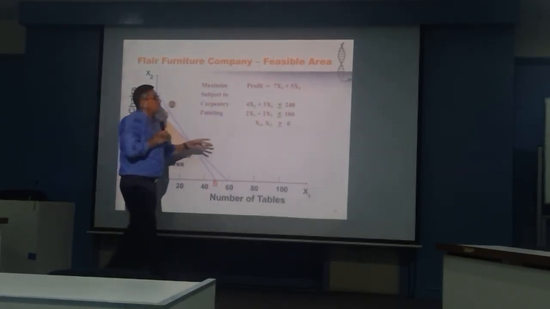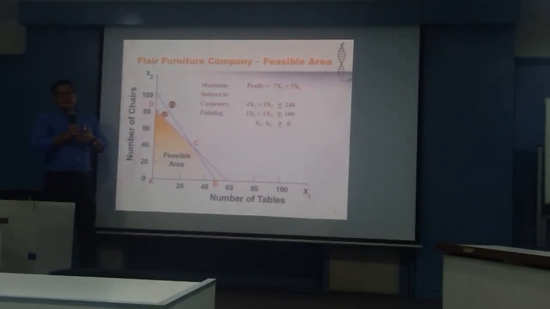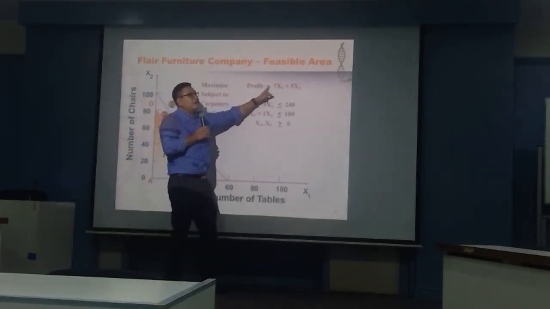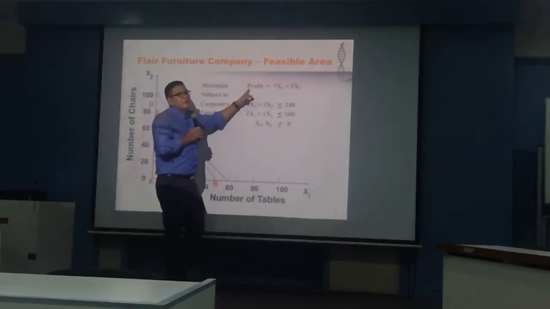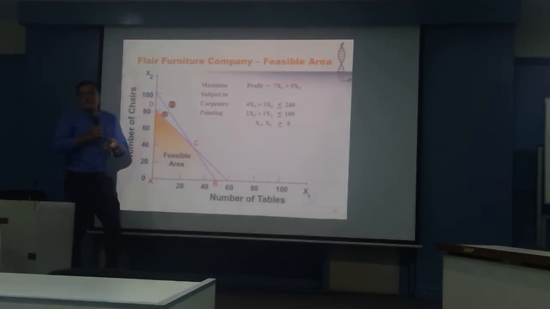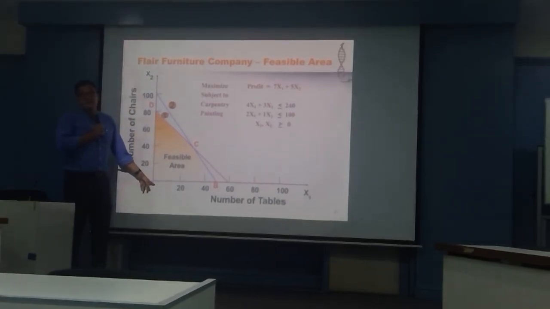For example, in this case, our problem is to maximize profit. If you want to solve using the corner point approach, you just substitute the coordinates of point A, point B, point C, or point D into this objective function and see which point provides you with the maximum profit.